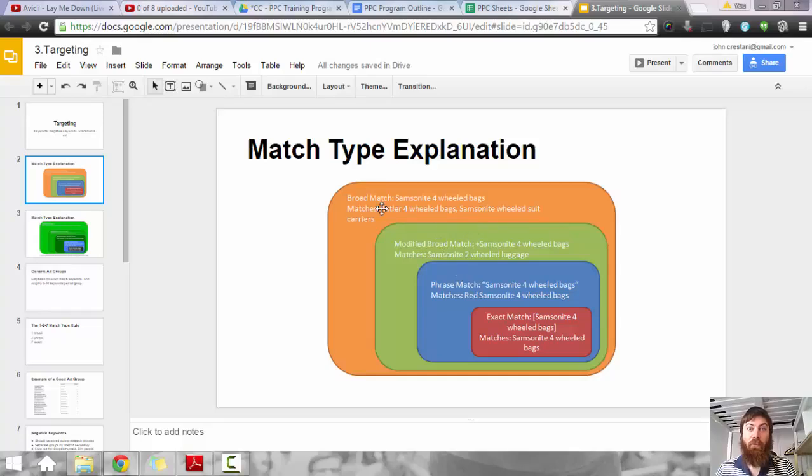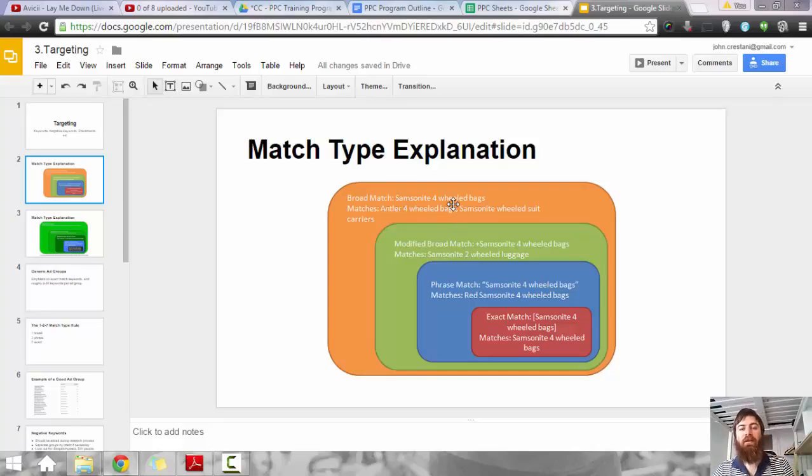There are 4 different types of match types: broad match, modified broad match, phrase match, and exact match. Broad match, basically, if you said Samsonite 4-wheeled bags, you could have 4-wheel car bags or 4-wheel golf bags show up, even though it doesn't have Samsonite in it.